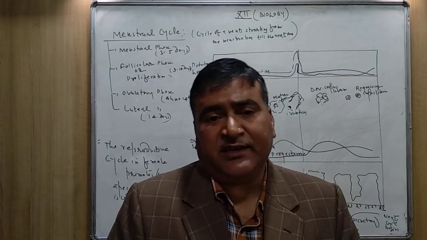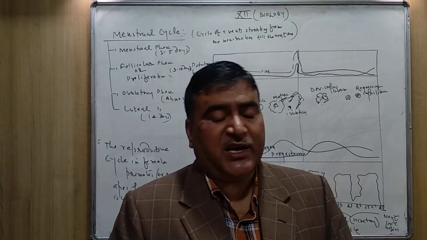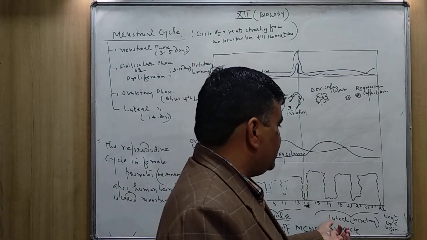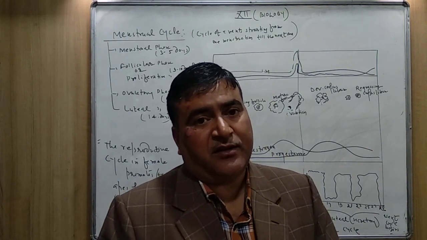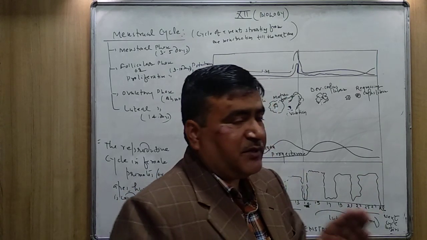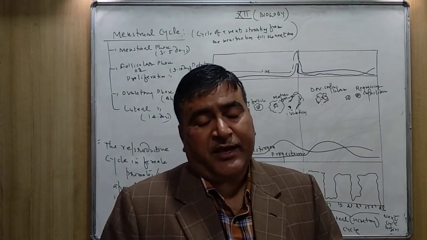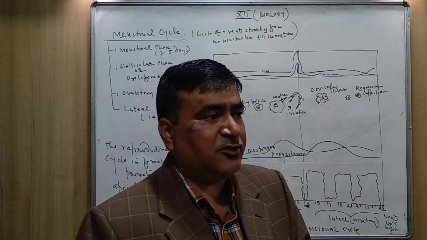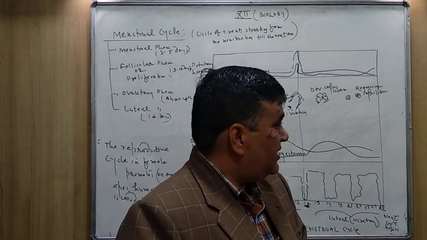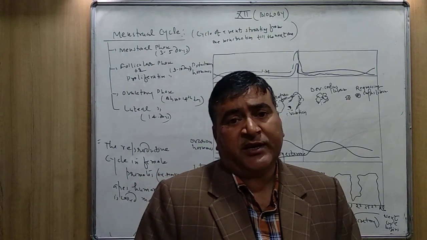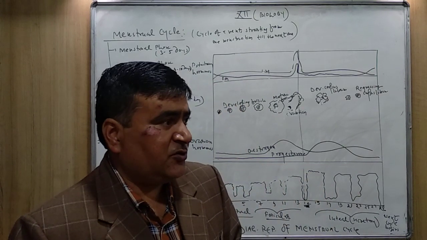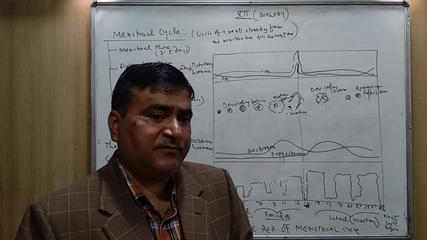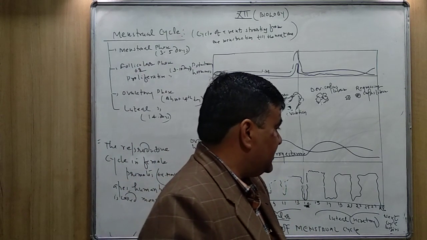Because of the secretion of the uterine milk, this phase is also known as secretory phase. So in the luteal phase, the corpus luteum, the endocrine tissue, is formed and produces progesterone hormone, and this progesterone thickens the wall of uterus. So many uterine glands are also formed. These glands produce the uterine milk for the fetus.